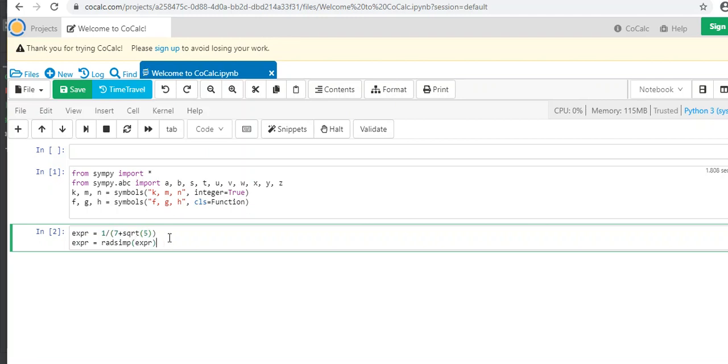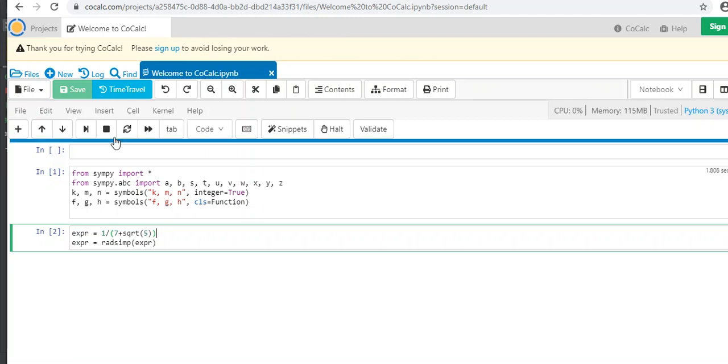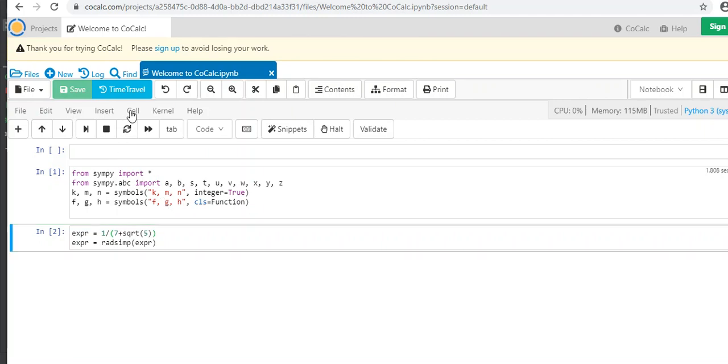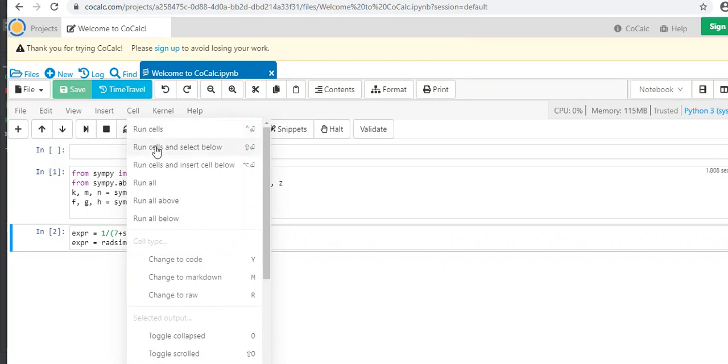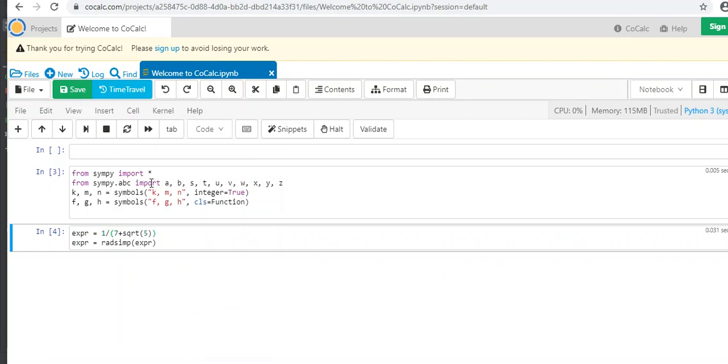I'm just keeping it simple, but you can see how you can type in much more complicated expressions here, of course, as well. And then to run this, it's a Jupyter notebook, so it can run cell by cell, but in this instance we're going to run all the cells. So you just do cell from the cell menu here, and then run all.